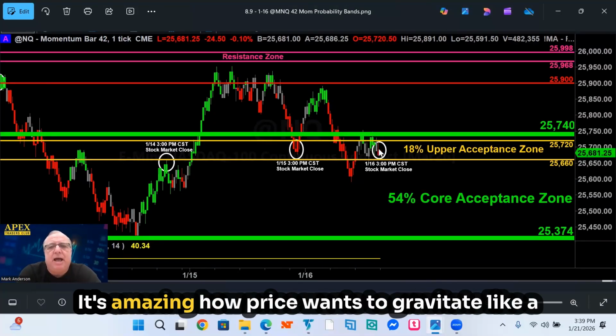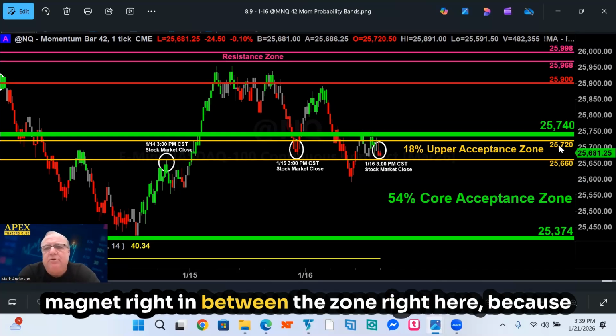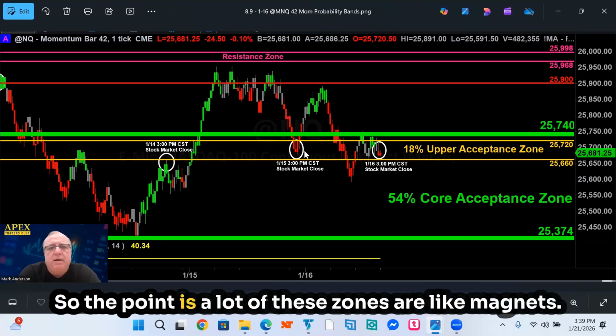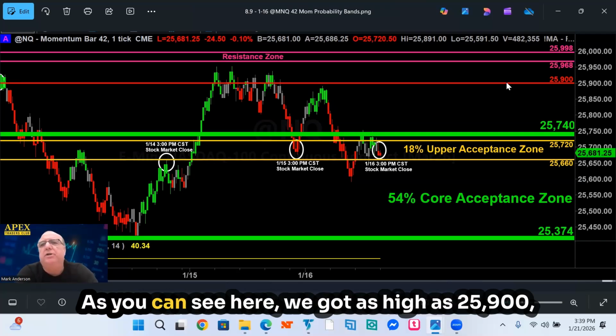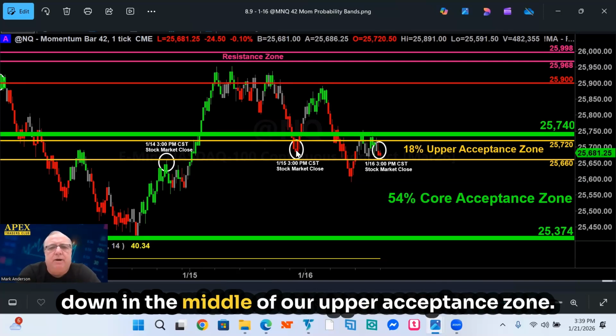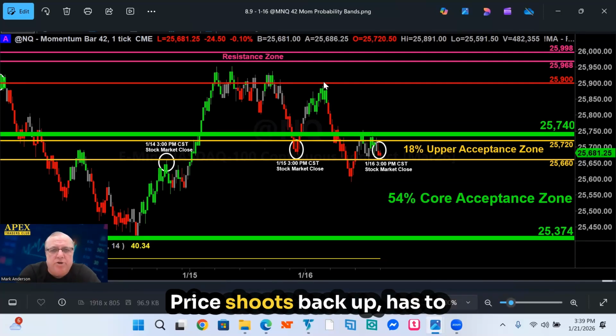It's amazing how price wants to gravitate like a magnet right in between the zone right here, because this is overlapped in between the green zone. So the point is, a lot of these zones are like magnets. Price wants to gravitate to them. As you can see here, we got as high as 25.9. Price got up there, wanted to come right back down in the middle of our upper accepted zone. Price shoots back up, wants to come back down to the zone.